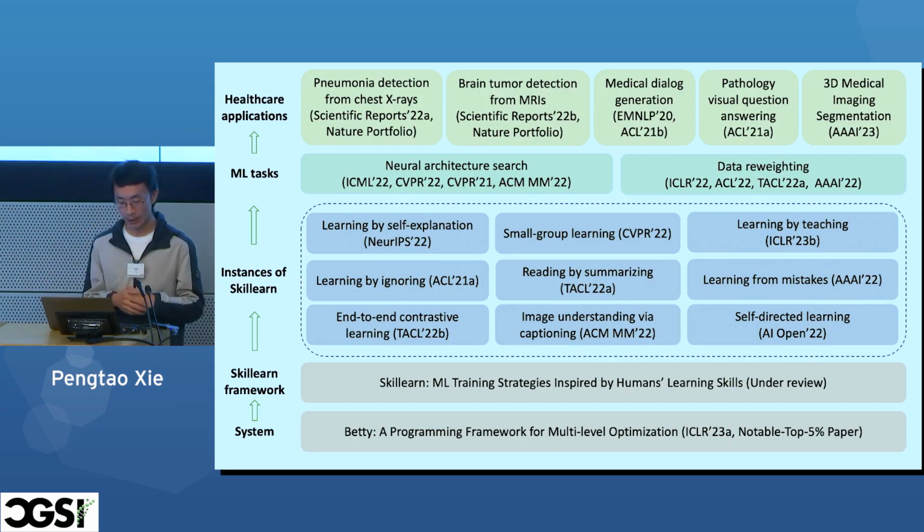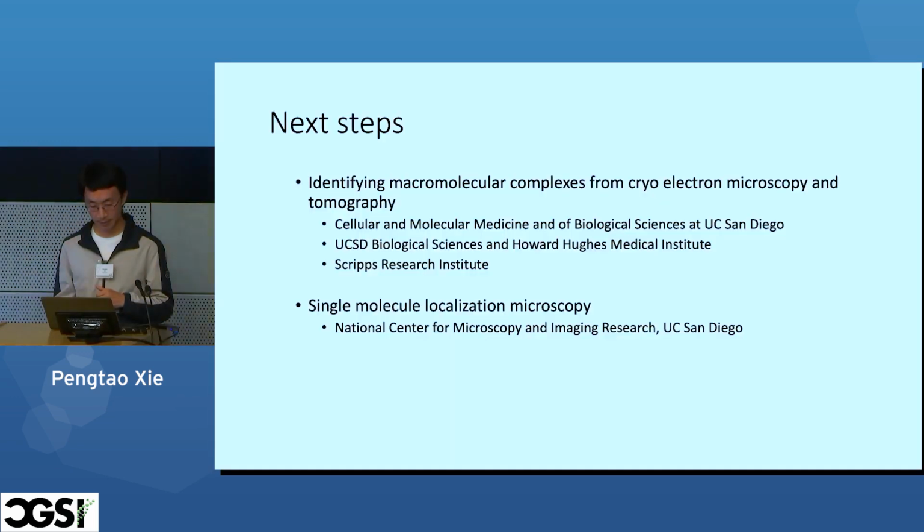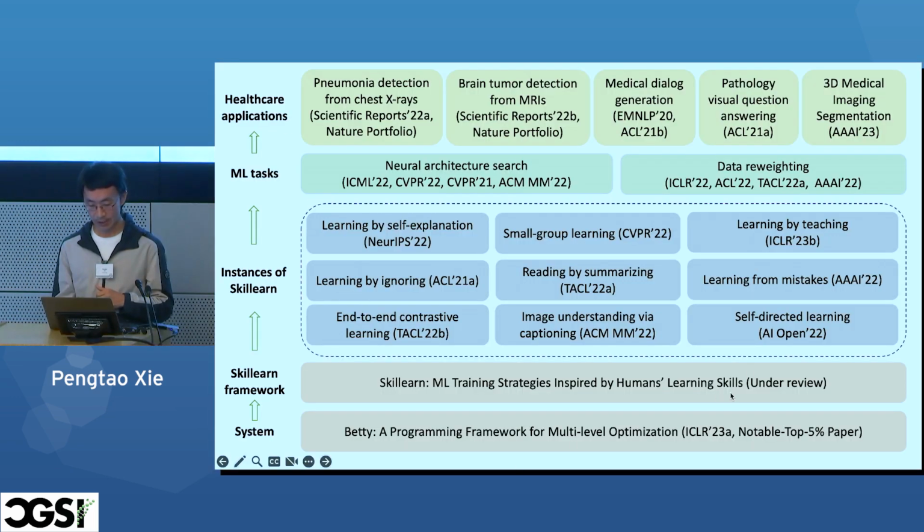Here is a summary of what we have done so far. At the core of this project, we developed this Skillearn framework. The goal is to develop machine learning training strategies inspired by human learning skills. It is based on multi-level optimization. This work was recently accepted by ICML.